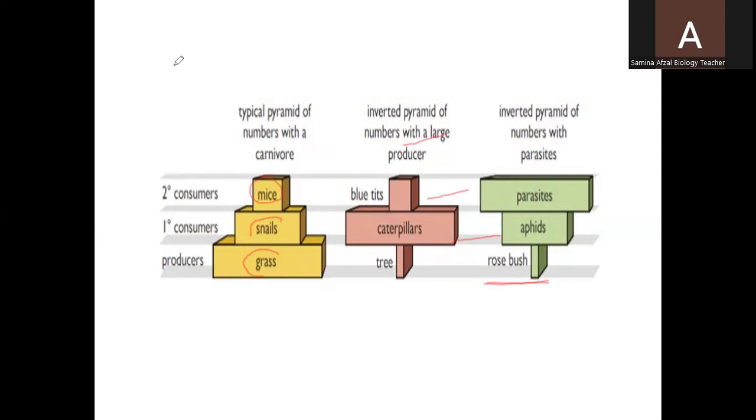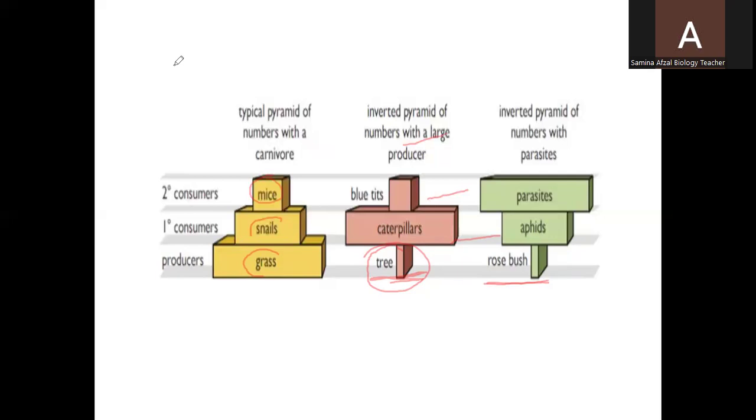As for example, if we talk about the pyramid of number with a large producer, a tree, I have already shown you previously that in the pyramid of number, it will be changed. If a tree is there, then at the base of this pyramid, producers will be shown by a very small bar.